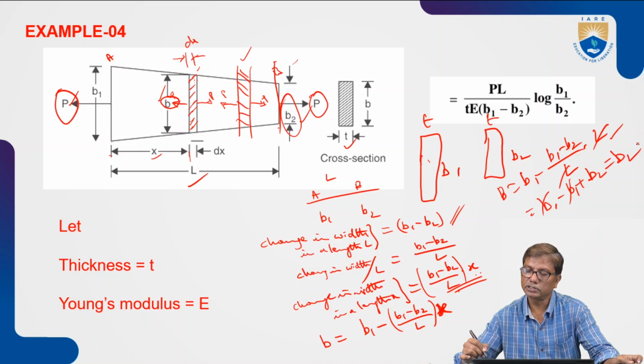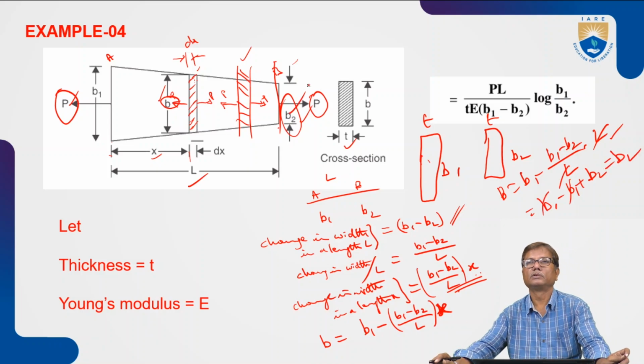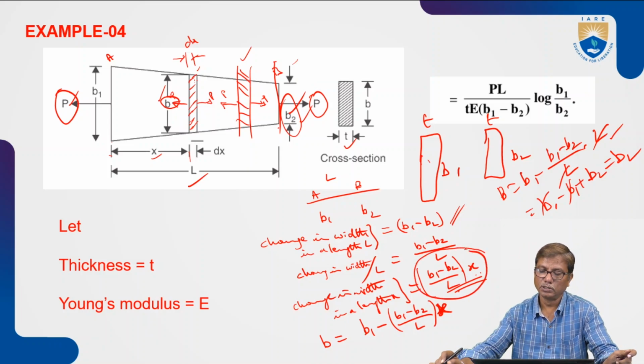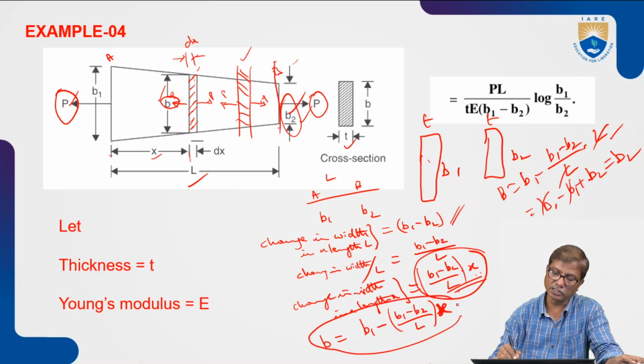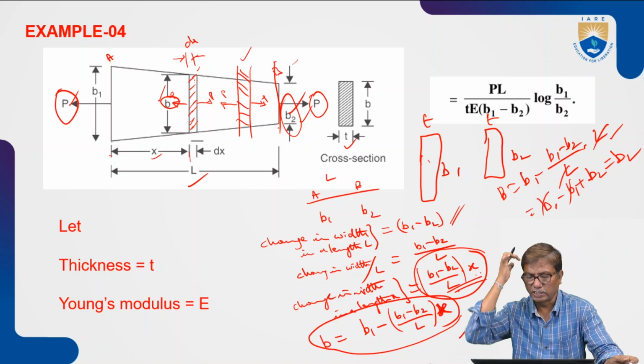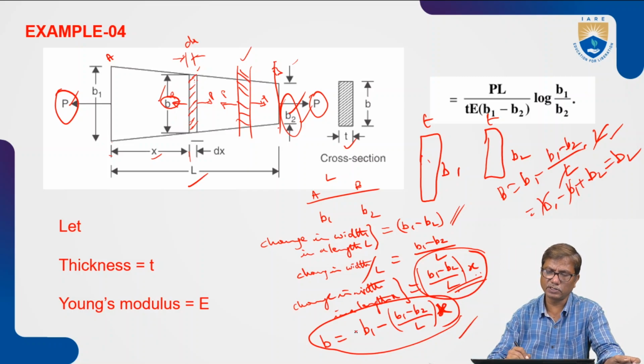So it is B2. This is the equation we use to find the width at any section. For any distance x, the width is given by this expression.